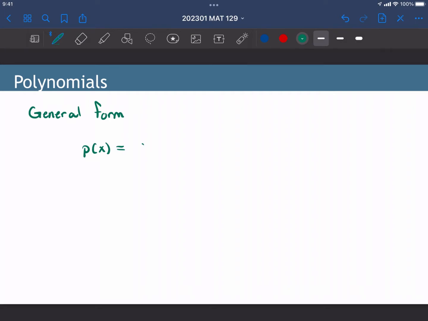And we like to say a sub n, x to the n, plus a sub n minus 1, x to the n minus 1. Because if we write it in a kind of standard form, the powers go in order from largest to smallest.